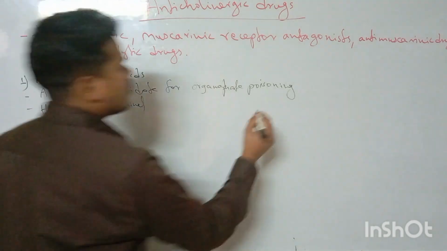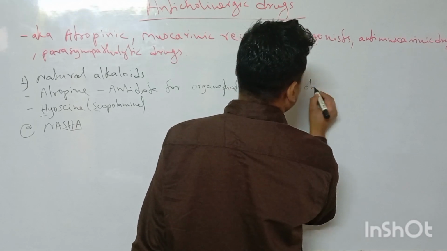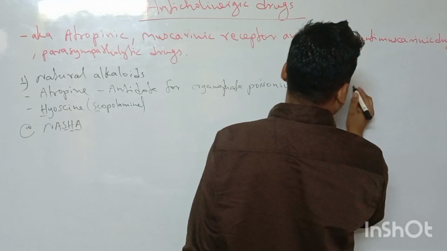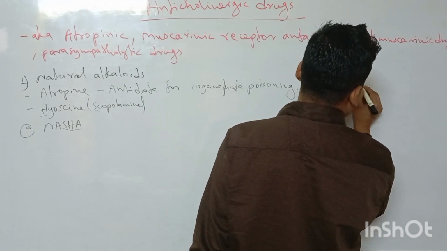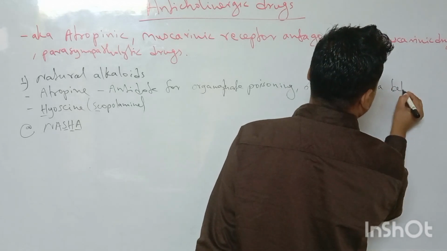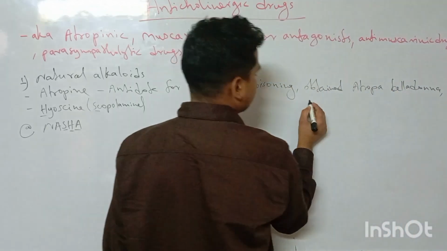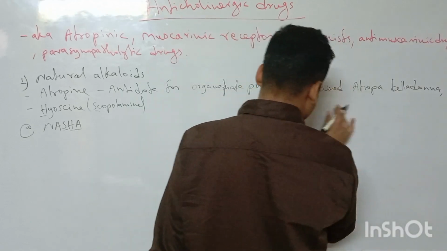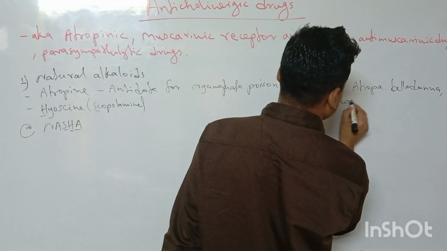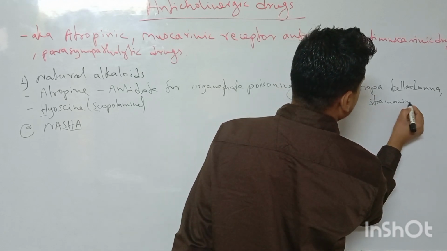I would also like to mention that atropine, since it is an alkaloid from a natural source, is obtained from Atropa belladonna or Datura stramonium.